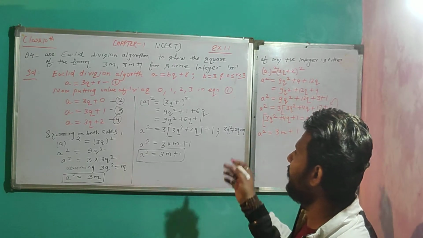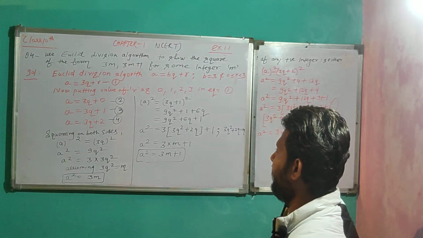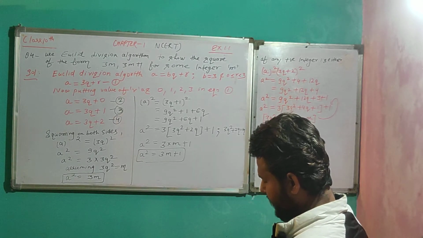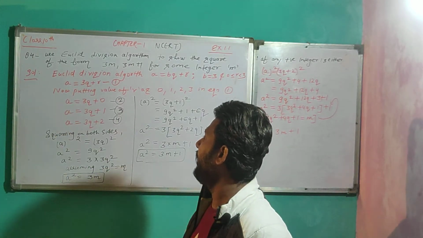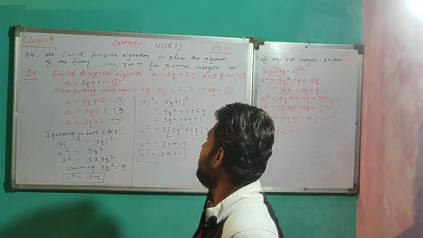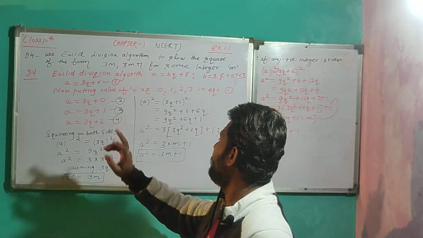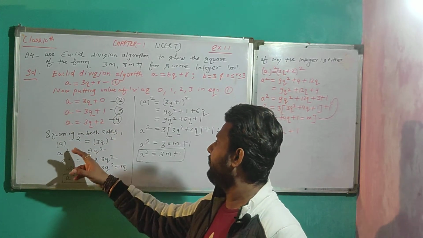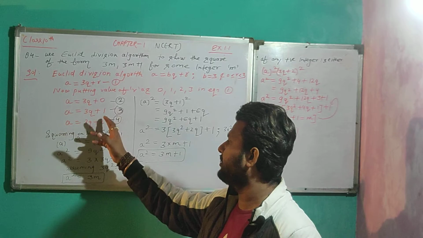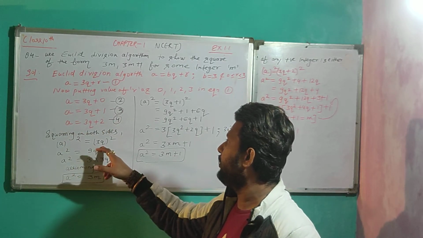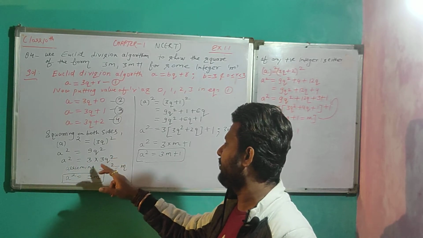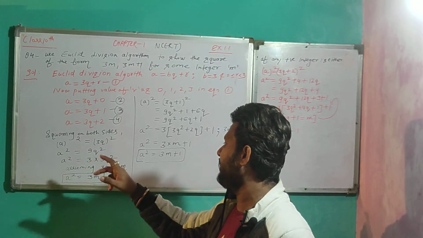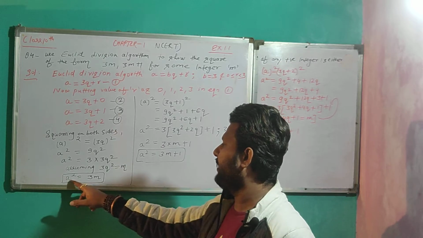So from all these three equations, a is equal to 3q, a is equal to 3q plus 1, a is equal to 3q plus 2, we squared on both sides. We get a square is equal to 9q square, factorizing as 3 into 3q square, assuming 3q square is equal to m. So we get a square is equal to 3m.